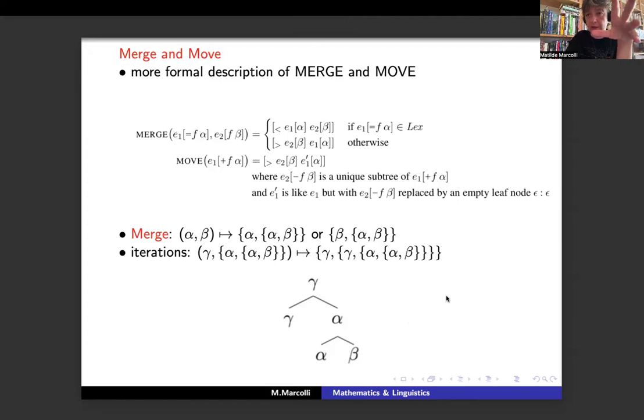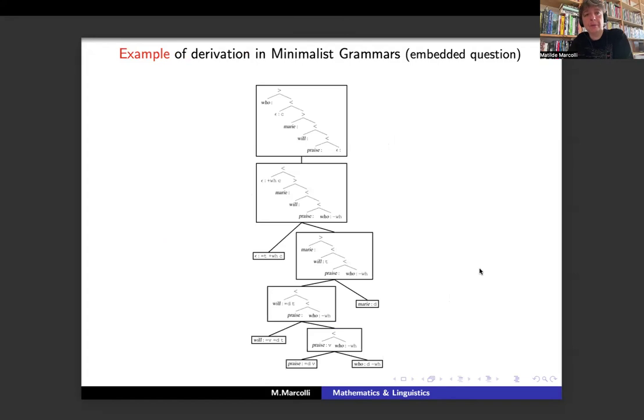So I will come back to discuss this later, but I want to mention that in the older formulation that I'm discussing here, everything is happening in planar trees, and this is not the case in the more recent one.